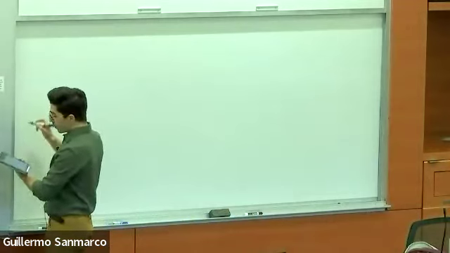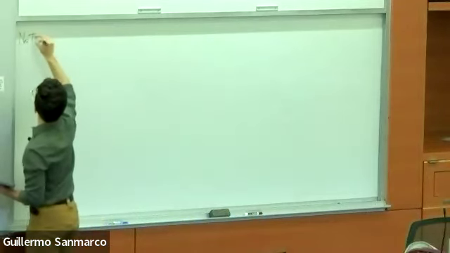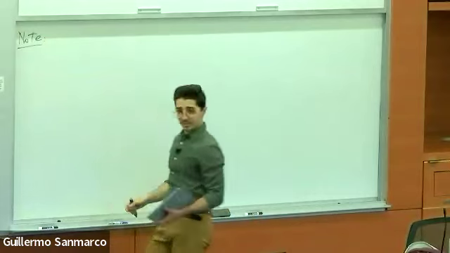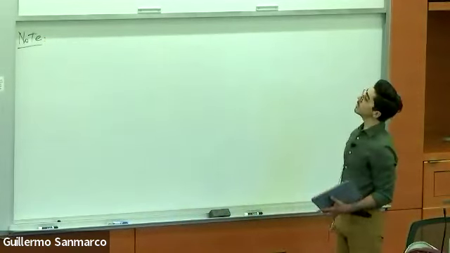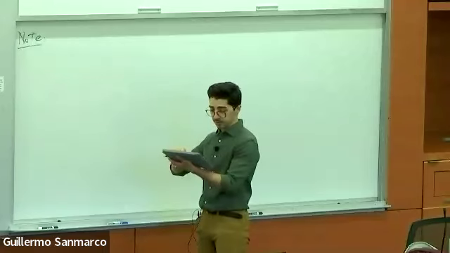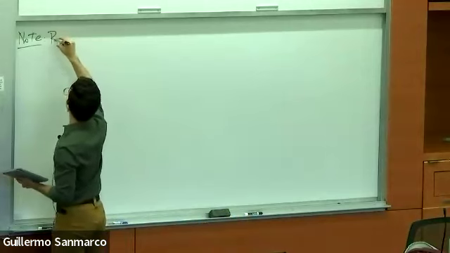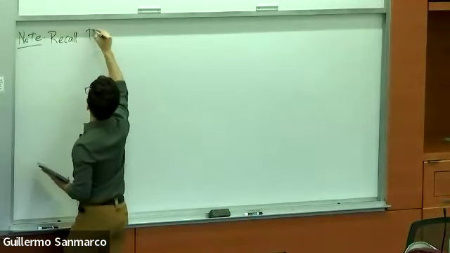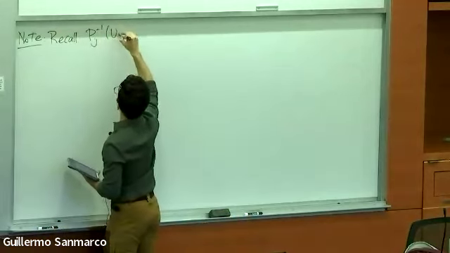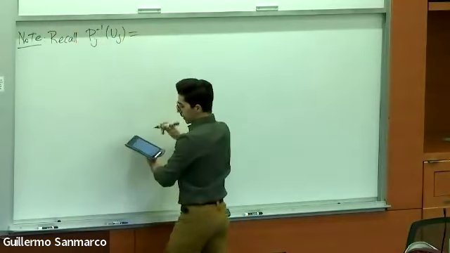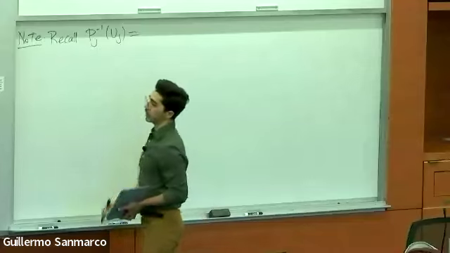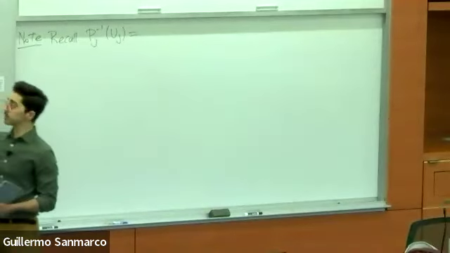Now I want to note something about this sub-basis. Remember, sub-basis give us basis, and then that gives us a topology. So if we recall that, when you do Pj inverse of Uj, what we have is this.